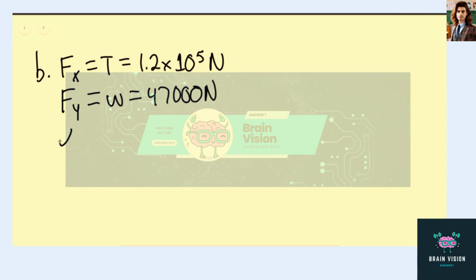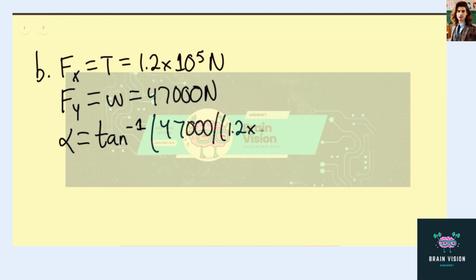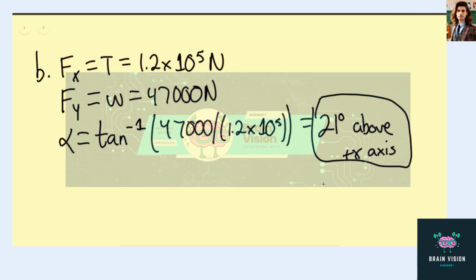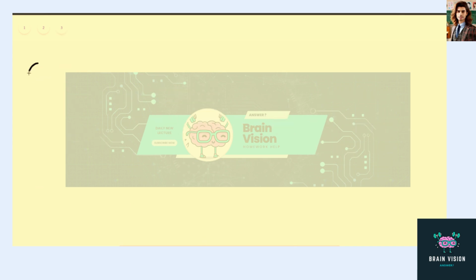And we find that the angle of the reaction force is going to be tangent inverse of 47,000 divided by 1.2 times 10 to the 5th, and this is equal to 21 degrees above the positive x-axis.